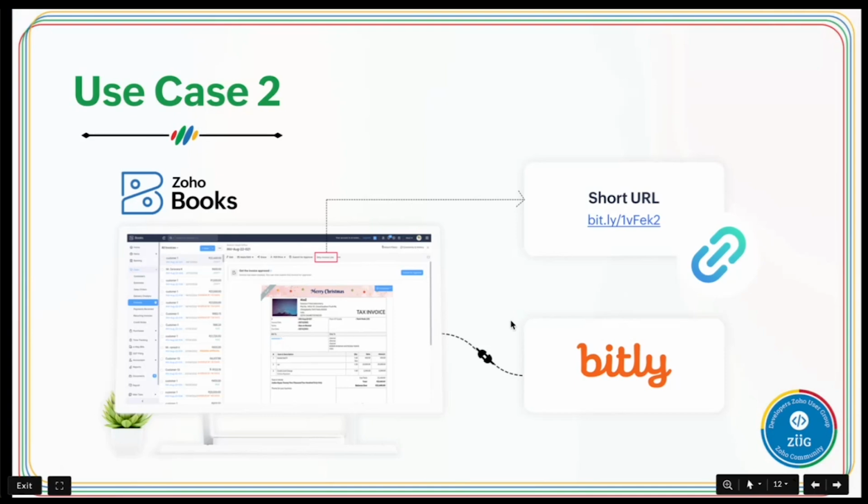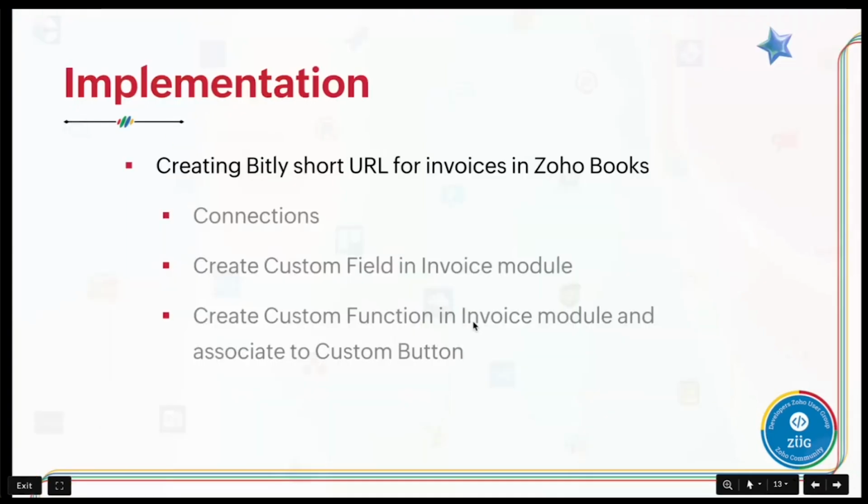And in order to achieve this integration, let's see what are the components required. Again, since the integration is going to be between Zoho Books and the Bitly service, we need a connection between Zoho Books and Bitly.